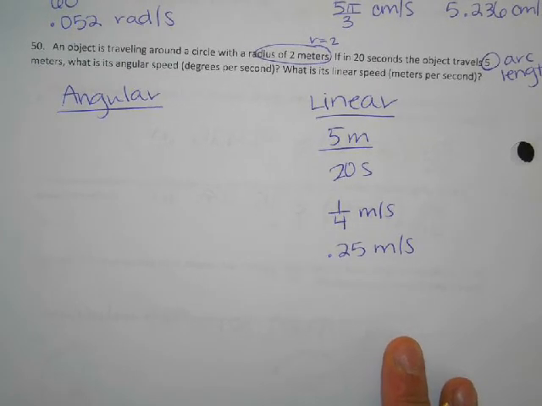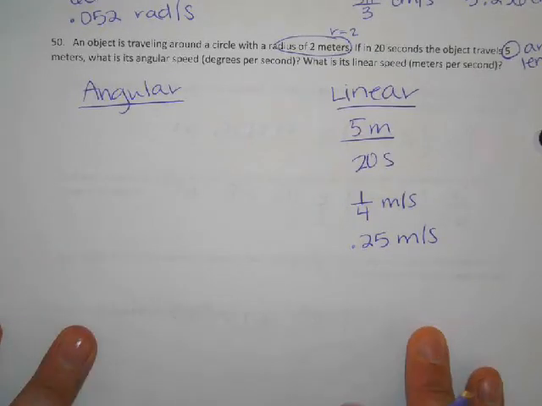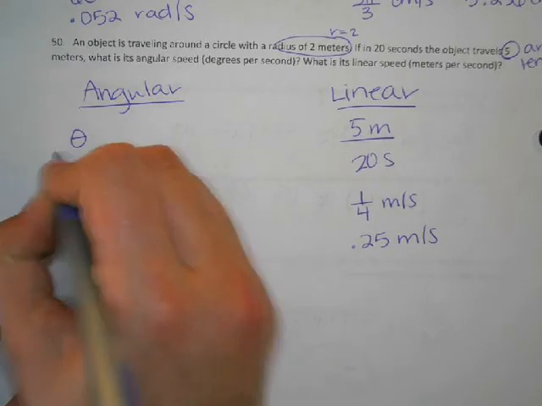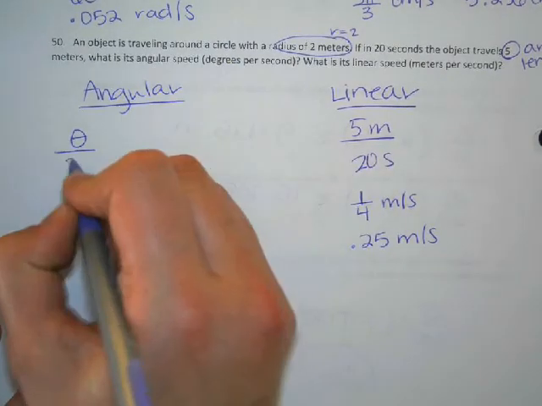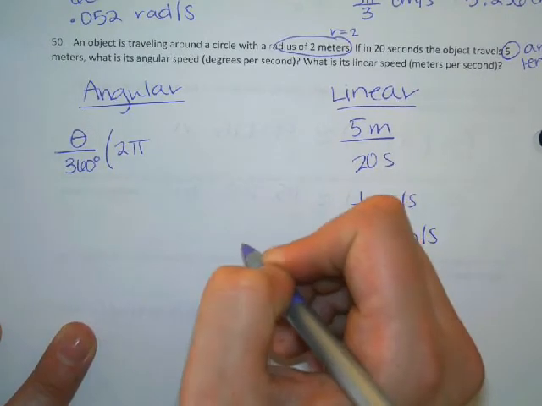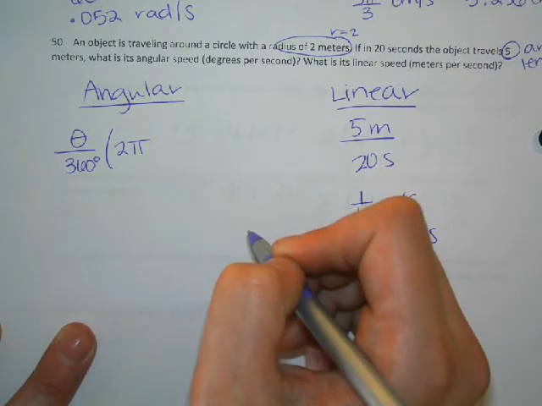Okay, did they mention an angle anywhere in that problem? No. But they did mention an arc length, and arc length has to have an angle somewhere before you can get that measurement. So I'm going to write out the arc length formula, which is the degree measure that we have, and this time, since we're in degrees, we're going to divide by 360 times 2 pi, and what's our radius? 2.